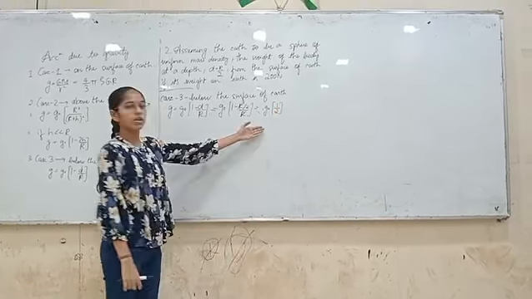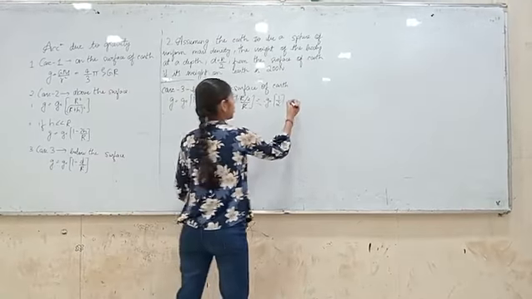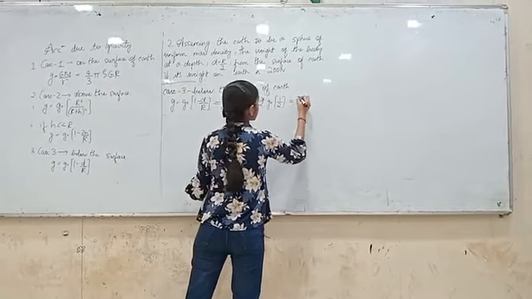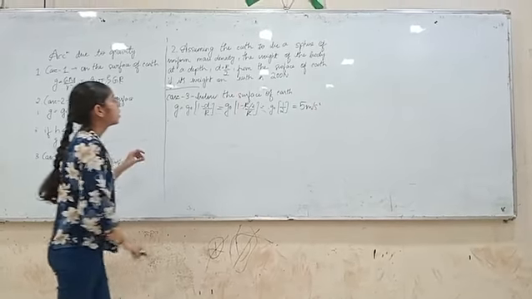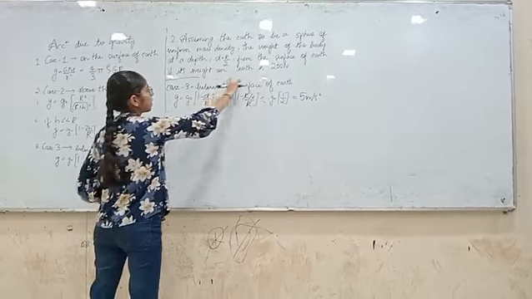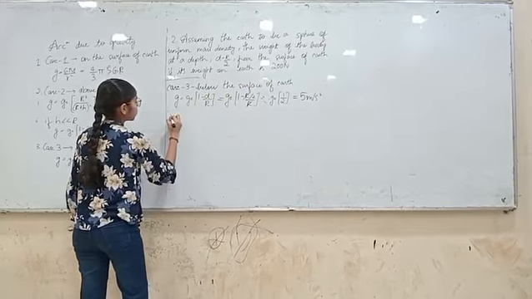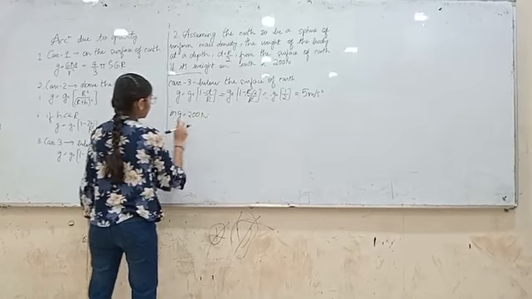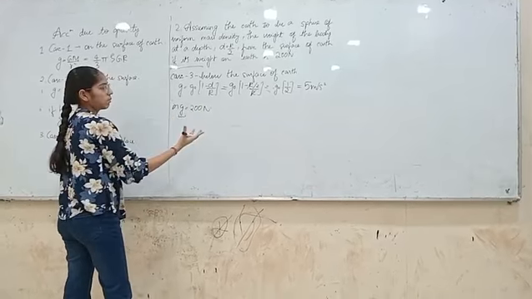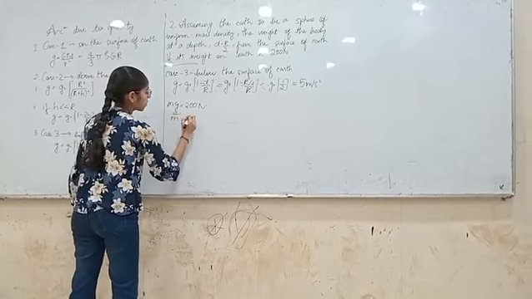Here we can assume g naught as 10. So we get g as 5 meter per second square. Here they have given that its weight on Earth is 200 Newton, so mg is equal to 200 Newton. We have assumed g as 10 meter per second square, so mass is equal to 20 kg.